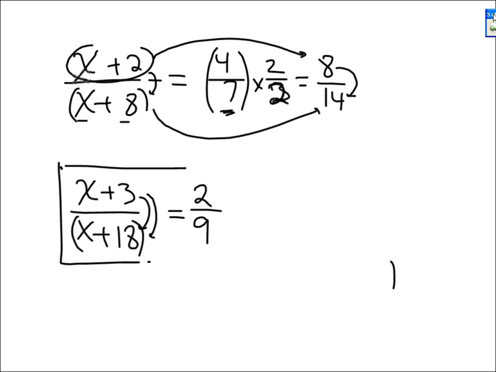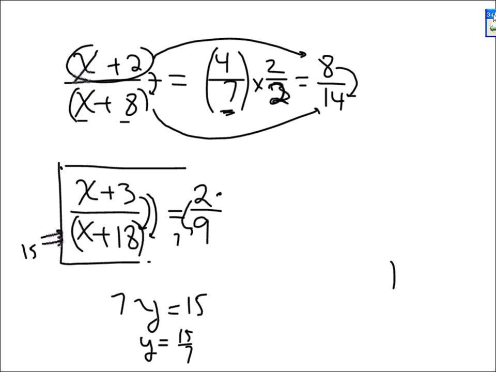Now, this denominator is 15 more than the numerator. This is only 7 more. Well, what do you multiply 7 by to get 15? You can solve that. 7 times what equals 15? The answer is 15 over 7.